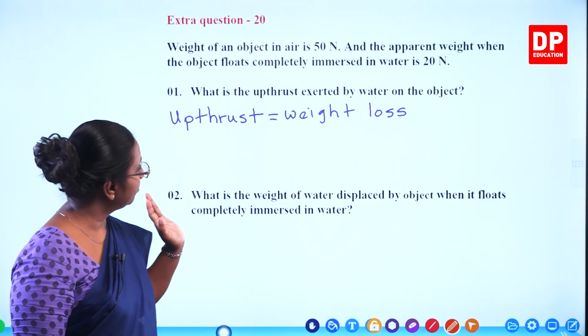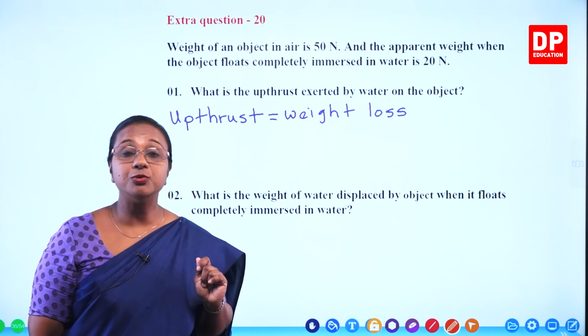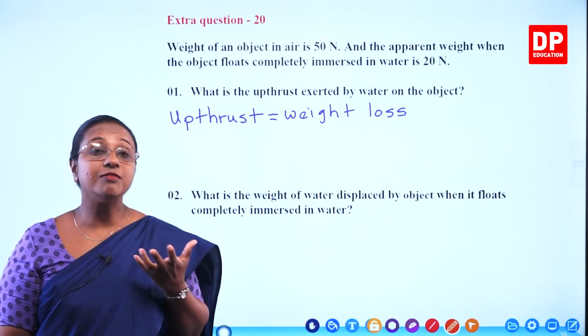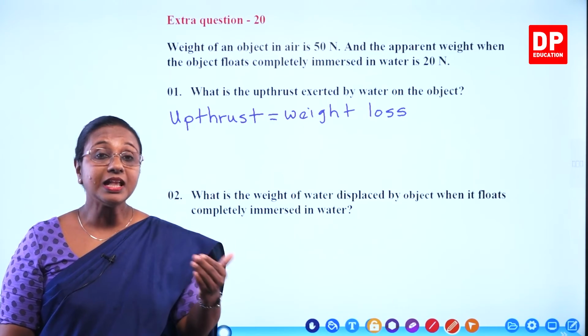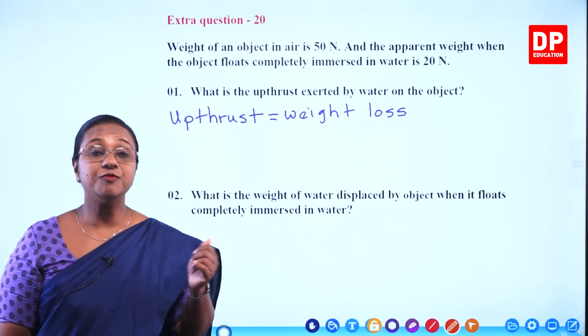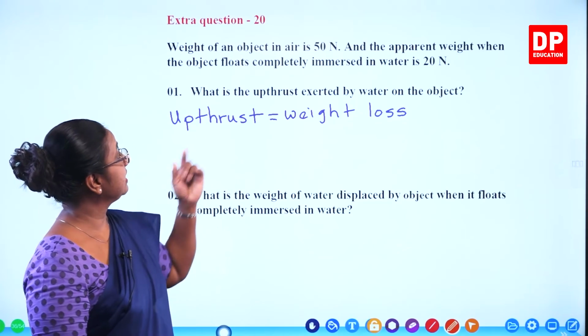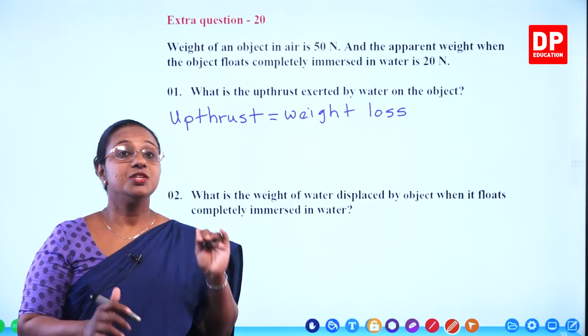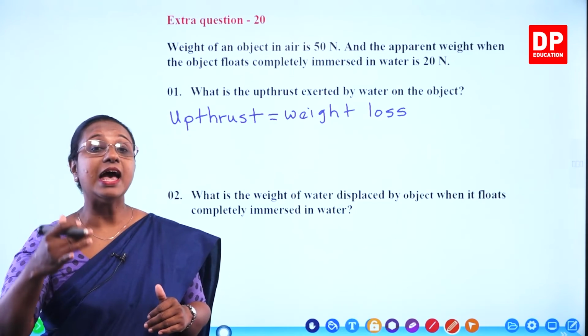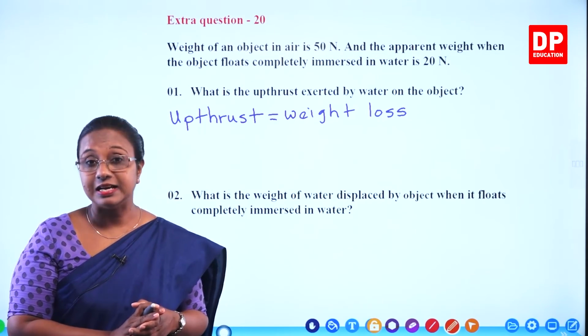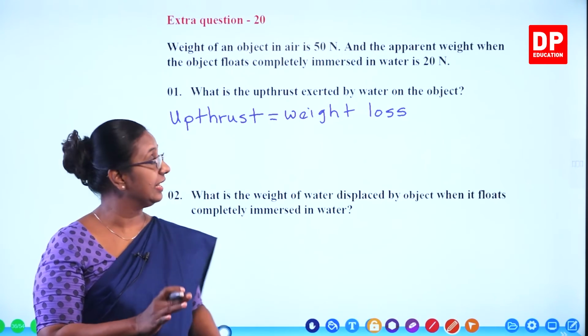So this is the equation, students. Upthrust is equal to weight loss. Why? When an object floats in a fluid, the fluid exerts an upthrust and this upthrust causes a weight loss. That is why we see an apparent weight there. So we can calculate the weight loss by subtracting the apparent weight from the real weight or weight of the object in air.